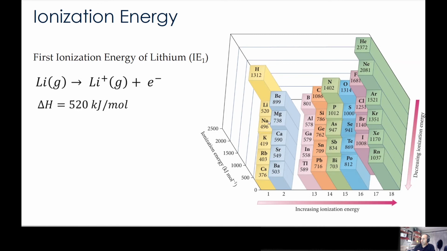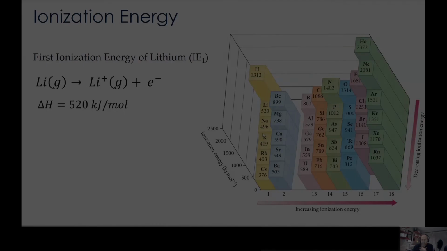If we look from lithium to sodium and so on, even starting with hydrogen, it gets easier and easier. Remember, it's less and less endothermic, and when something is less endothermic, it requires less energy. So it becomes easier and easier to remove that electron.